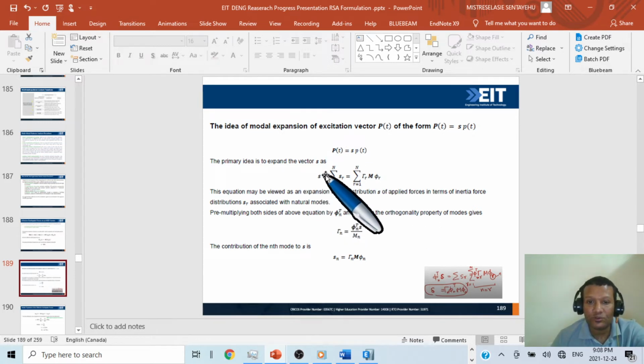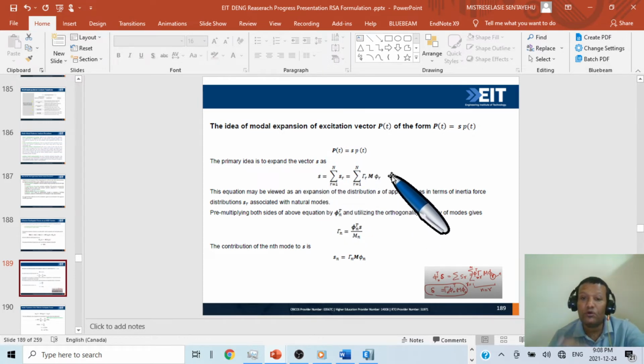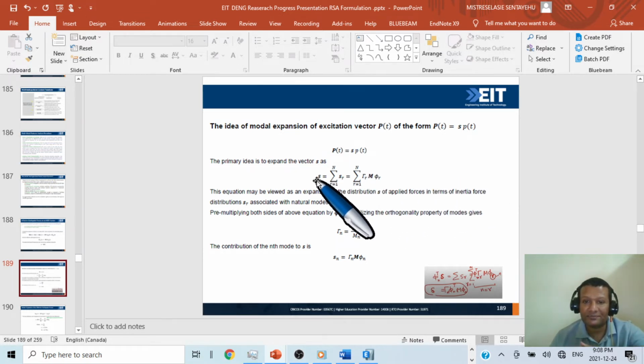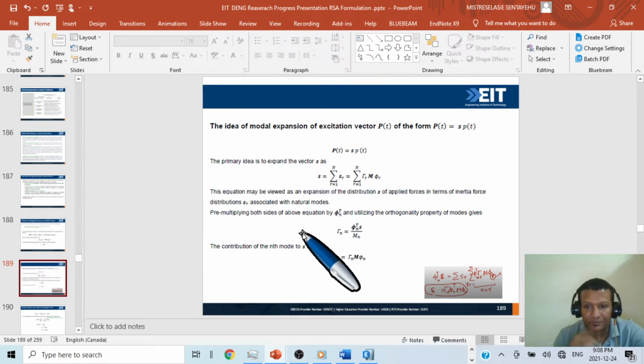So S total is equal to this. For each mode, we have the modal participation factor for mode 1, the mass for each floor, and phi for each story. This is for only the first mode, then for the second mode up to the N-th mode, and it will give us total S. This is a very important concept.